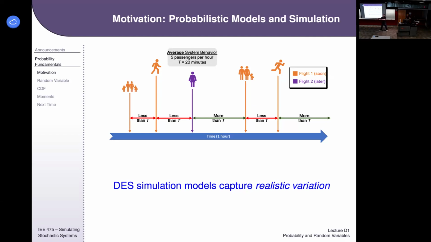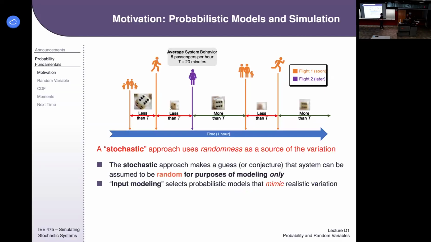In reality, there's a deterministic process that determines the variation. In our sim, it's like quantum mechanics: it's all randomly generated. So our question then is, how do we build those probabilistic models? That's the idea here, a so-called stochastic approach. It makes a guess or a conjecture. Stochastic is not another word for random.